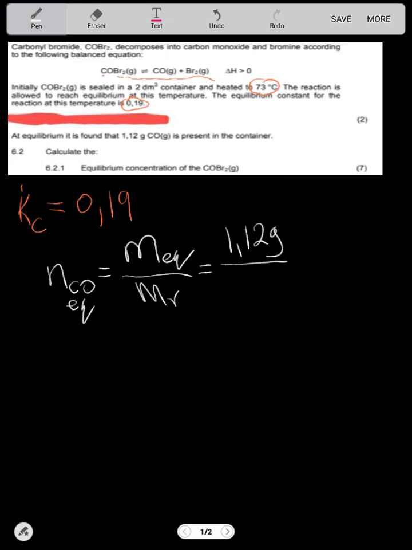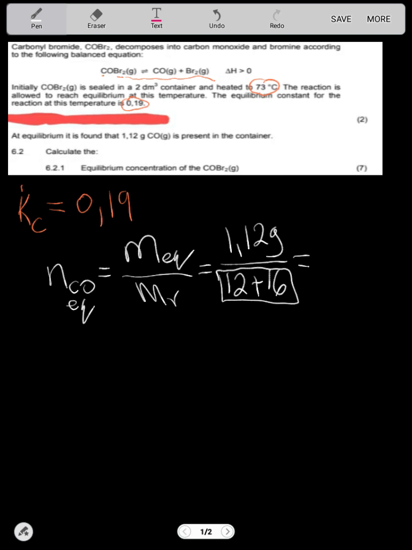And the molar mass of carbon monoxide is the molar mass of carbon, which is 12, plus the molar mass of oxygen, which is 16. So basically here we are determining the molar mass of CO, carbon monoxide gas. Okay, not CO2. I almost said CO2. It's CO.